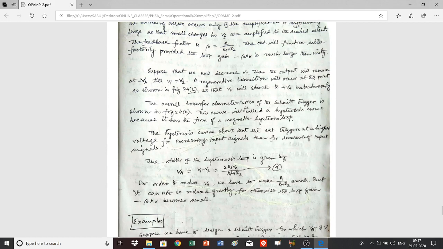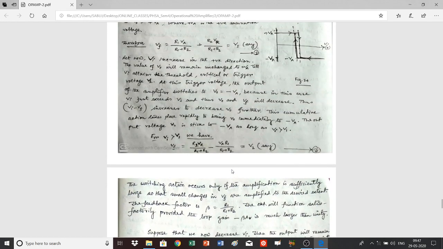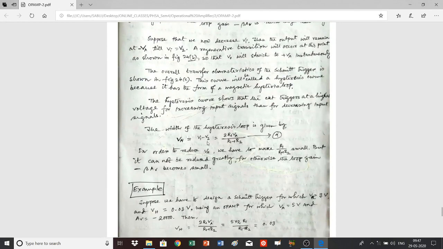That can be found by subtracting this relation from this relation, and you will obtain that VH is equal to V1 minus V2, that is equal to 2R1 Va by R1 plus R2. Just calculate it and you will get this relation.